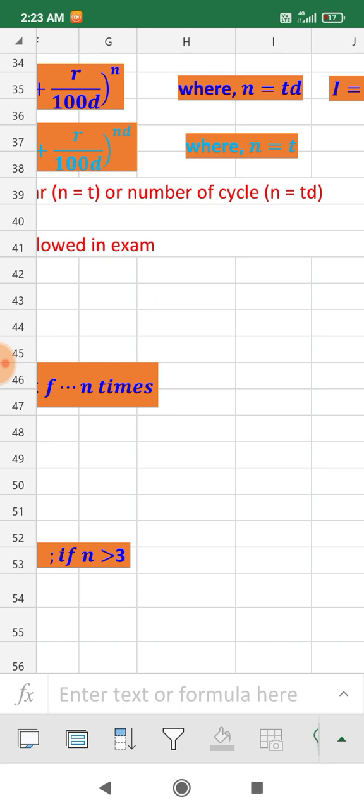T means we have to represent T in years. And D is the division of the year. And in the second formula, N equals T. So ultimately both equations have become exactly the same, TD.